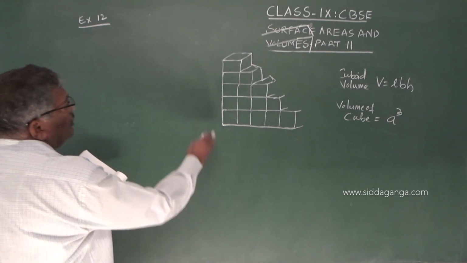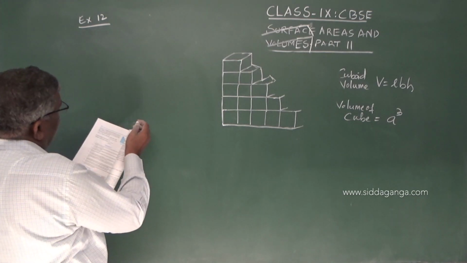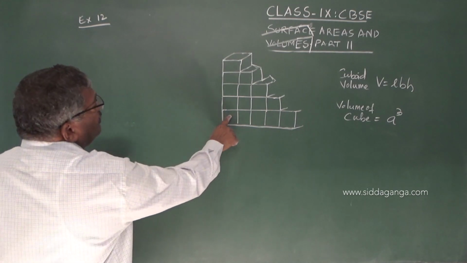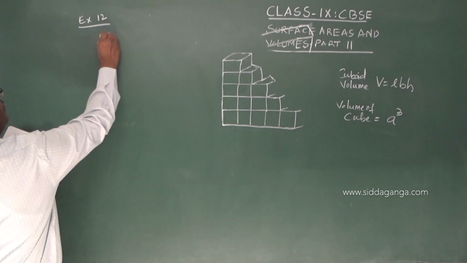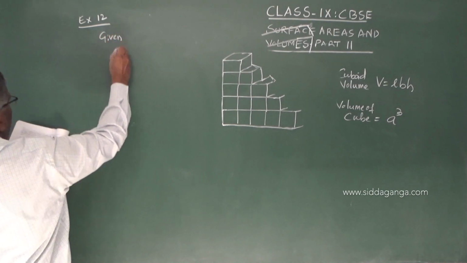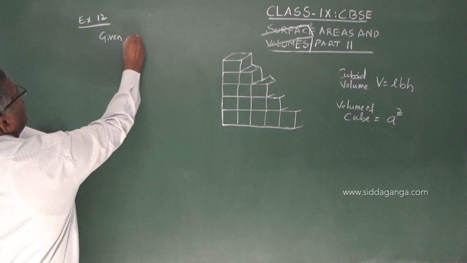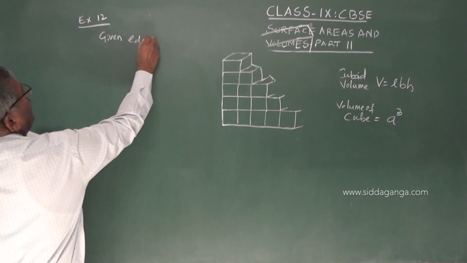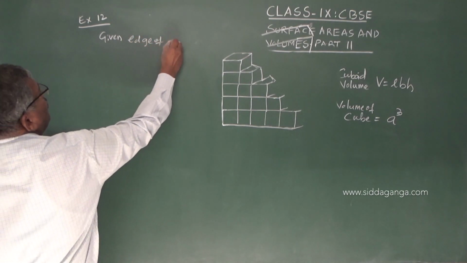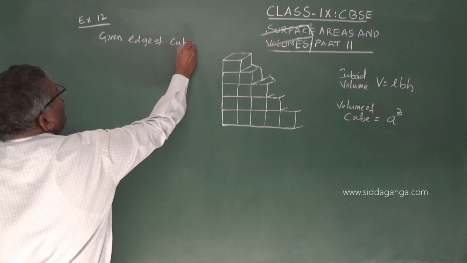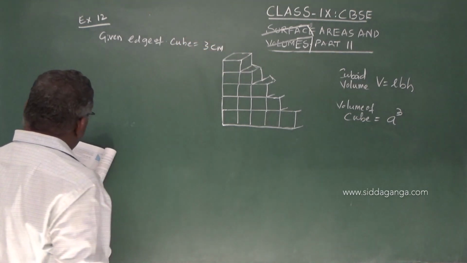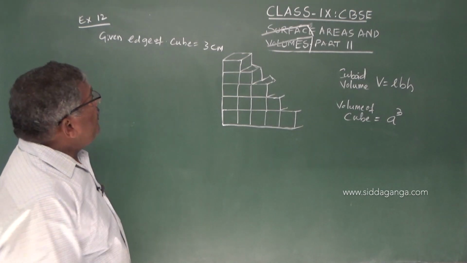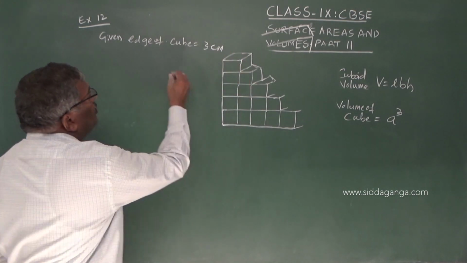So here the question is, this cube is 3 centimeter. Given edge of cube is equal to 3 centimeter. It is a cube.